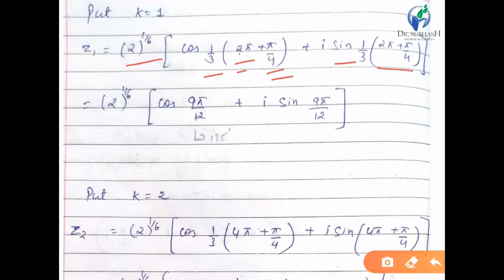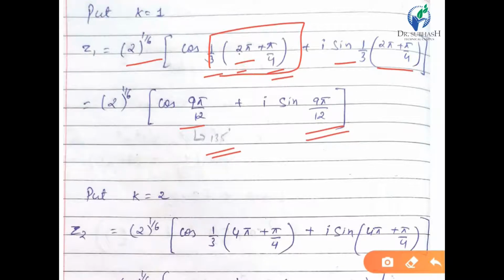Taking LCM and simplifying the angle of sine and cos, we get 9 pi by 12 for both cos and sine. Again, 9 pi by 12 is approximately 135 degrees.